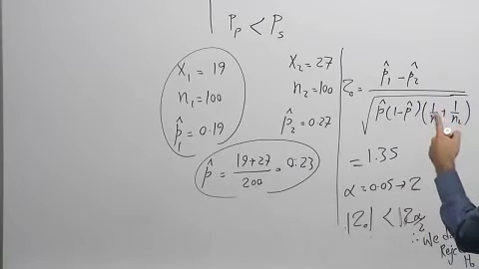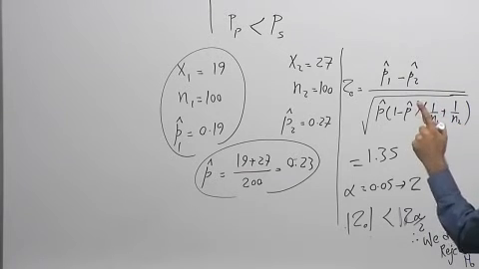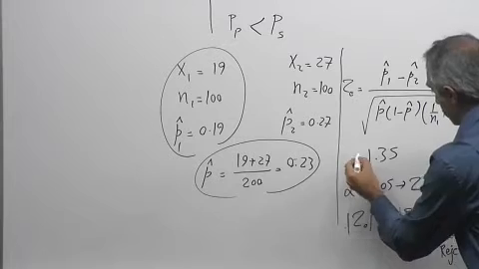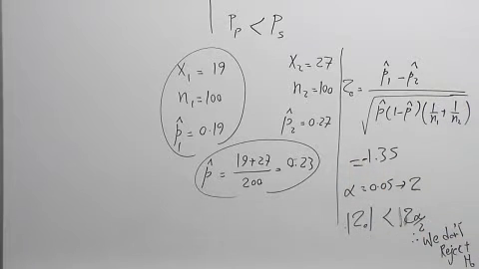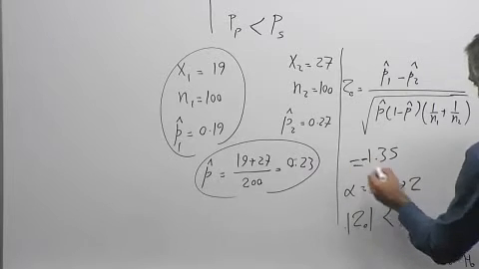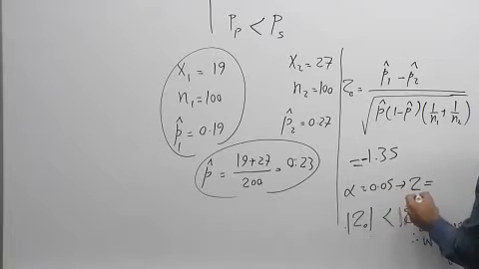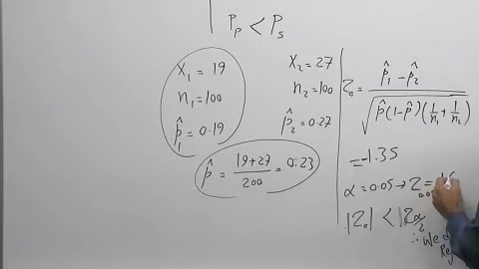So Z0 would be, oh, by the way, that one is negative. Yes, you're right. Yeah, that one is negative. And we just want to make sure. Z.05 is 1.645.